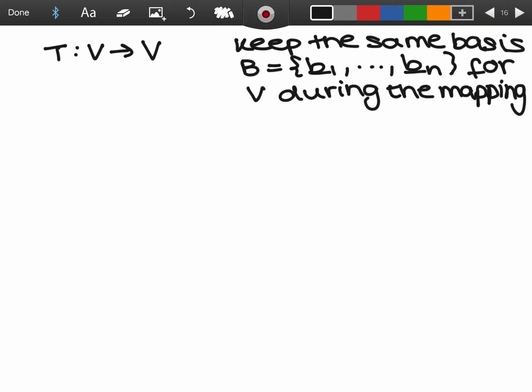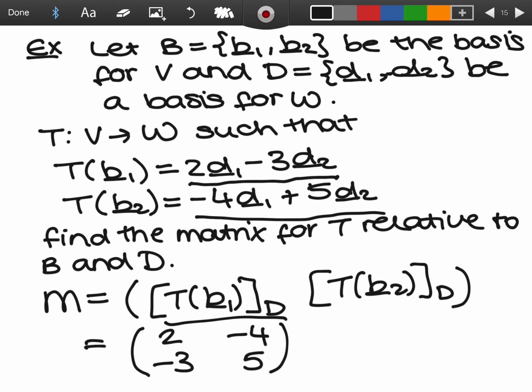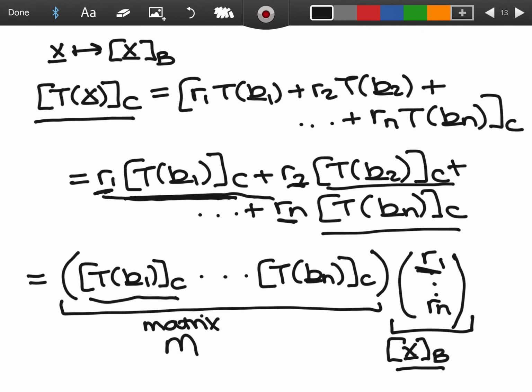Because we don't change basis, if we come back to what we had in our definition for the matrix M, we took each of our basis vectors for V and transformed them to see where that image was in W. Now we're still looking within the same vector space, because we go from V to V. So T of the basis vector would still land in V, and I want to find its coordinates with respect to the basis that I started in.